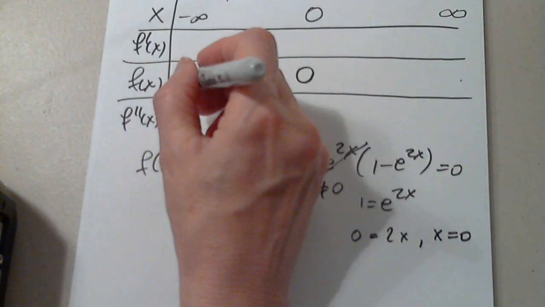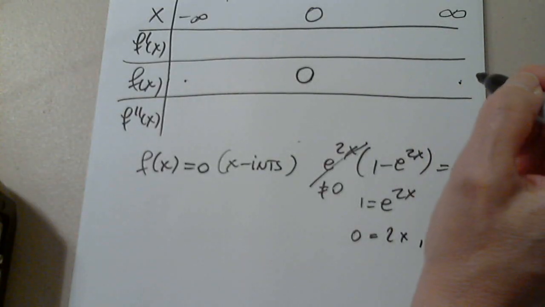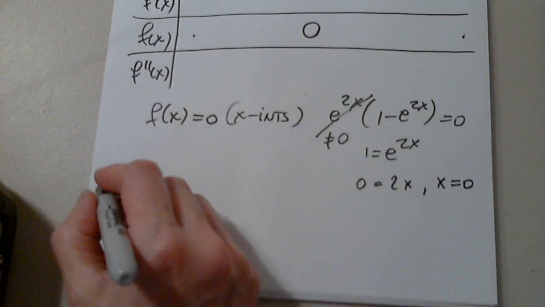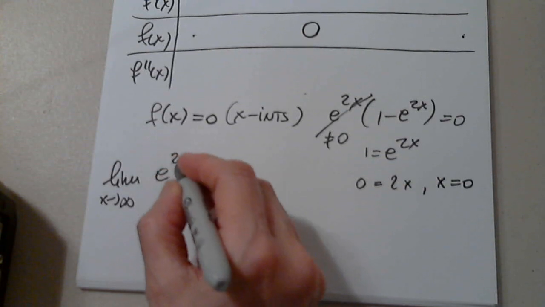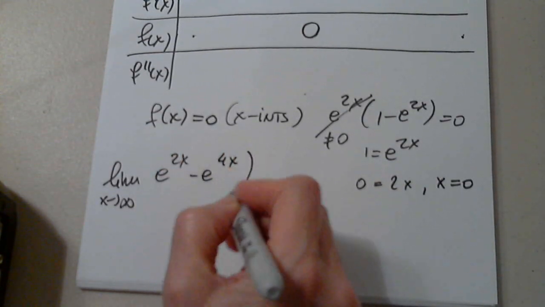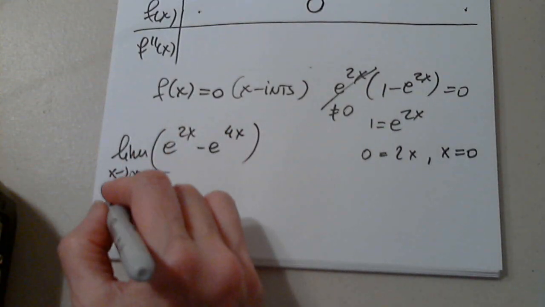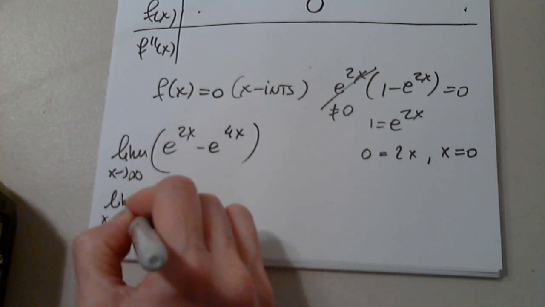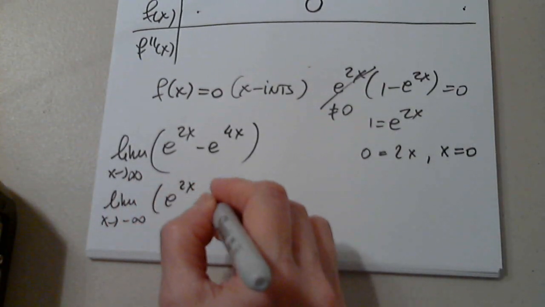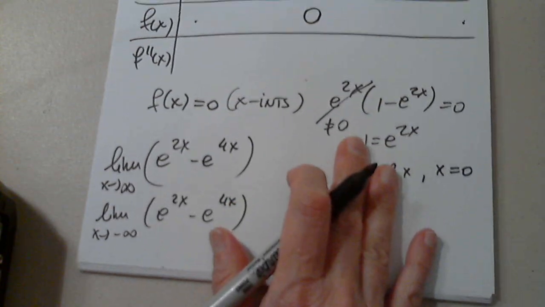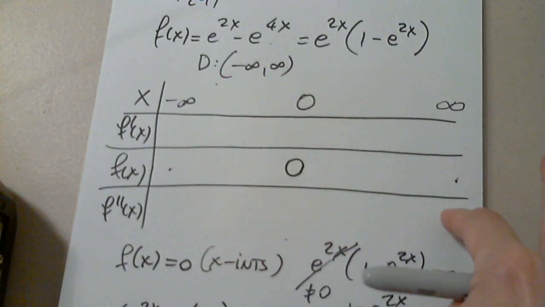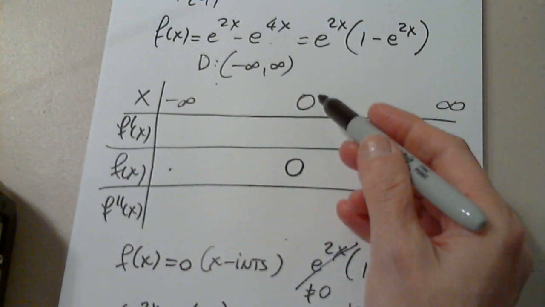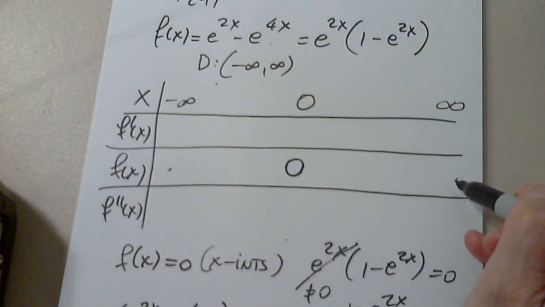Now finally, I have to determine the limits. So I will determine the limit as x approaches infinity from e to 2x minus e to 4x. And I will also determine the limit as x approaches negative infinity from e to 2x minus e to 4x. Before I study the first derivative and before I study the second derivative, I need x and y intercepts. That's it. And I need the limits.